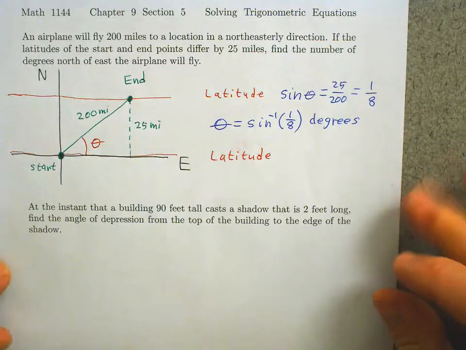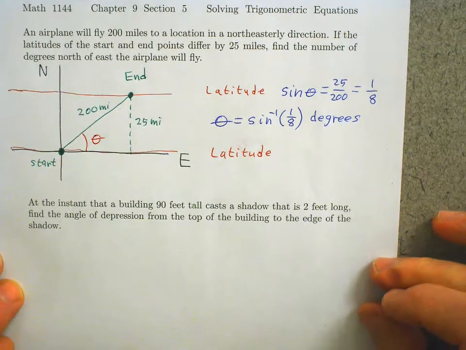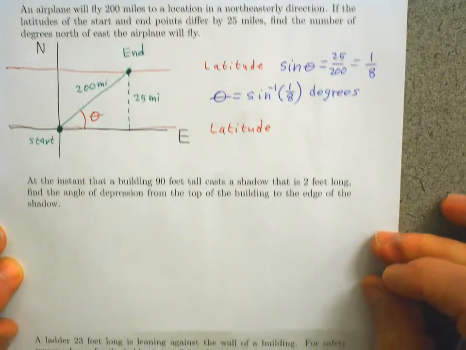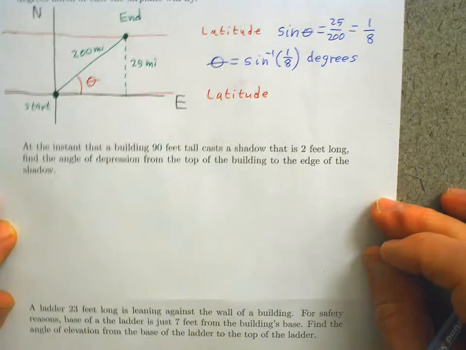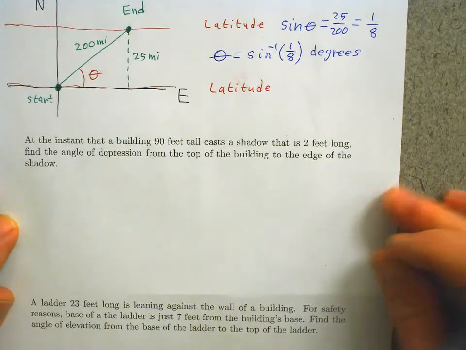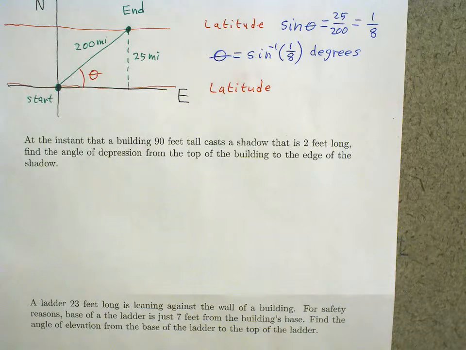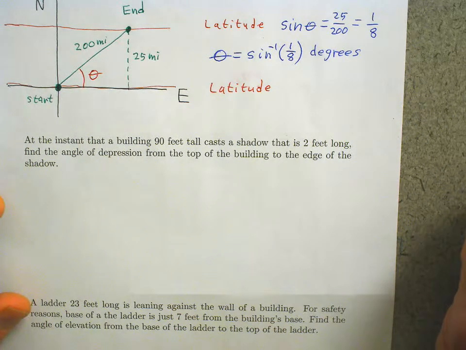The next problem: at the instant that a building 90 feet tall casts a shadow that is 2 feet long, find the angle of depression from the top of the building to the edge of the shadow.